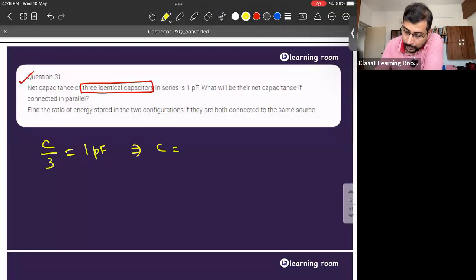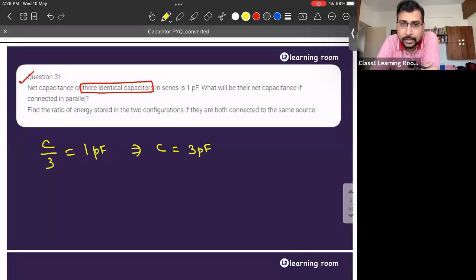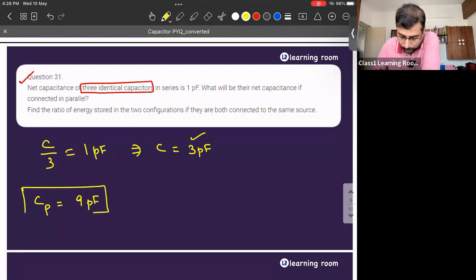It is 3 picofarad. Now, if there are 3 picofarad capacitors connected in parallel, so what will happen in the parallel connection? It will be 9 picofarad.